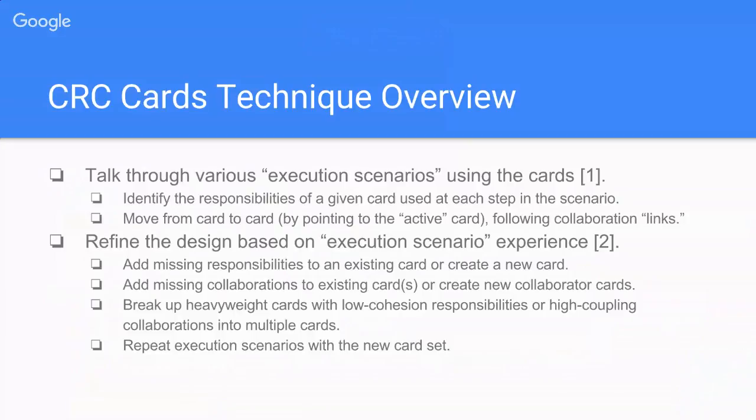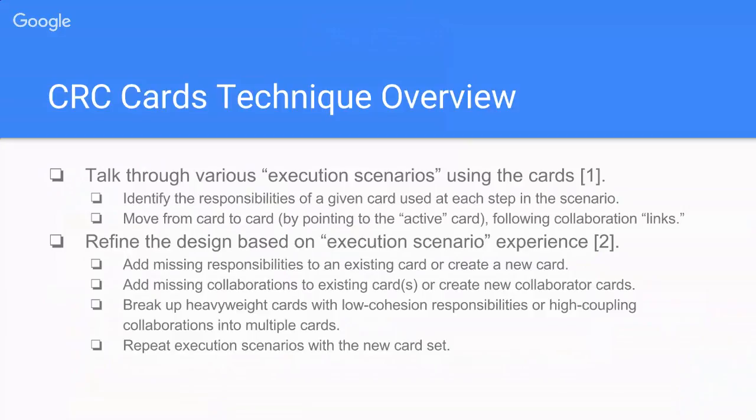You might find as you go through this process that some cards have many responsibilities listed, perhaps too many to fit on your 4x6 note card. That's a good indication that your card is too heavyweight, and the responsibilities may have low cohesion with one another.